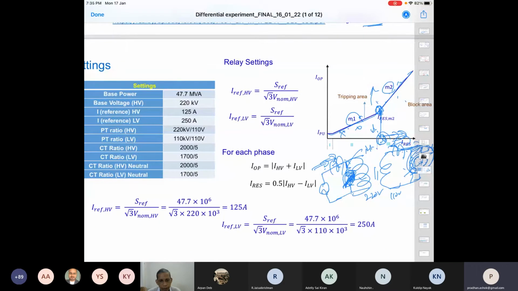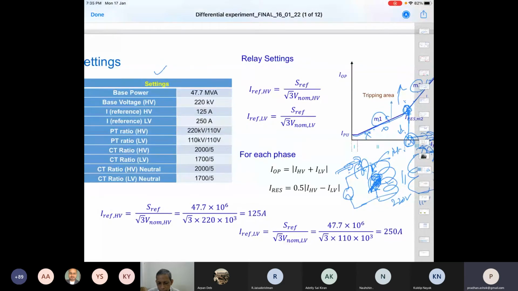But I already told you this relay is for high voltage application. The transformer which we have is of very small rating, so there is some ratio mismatch issue.